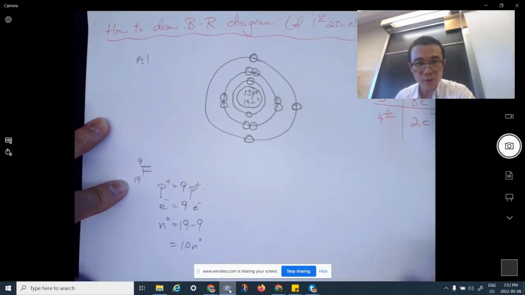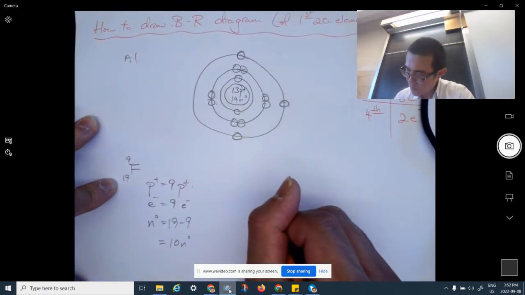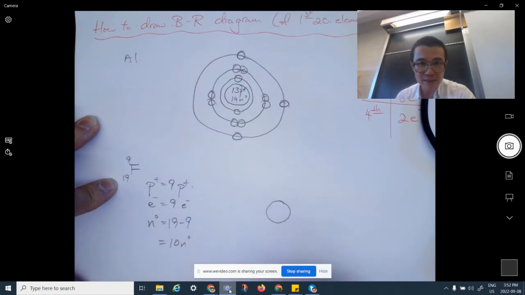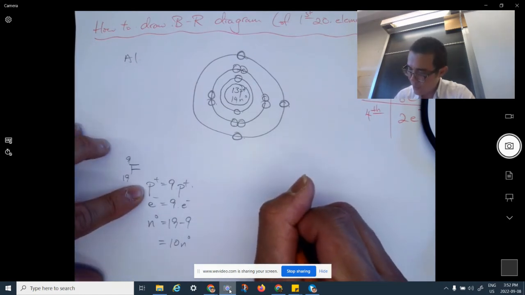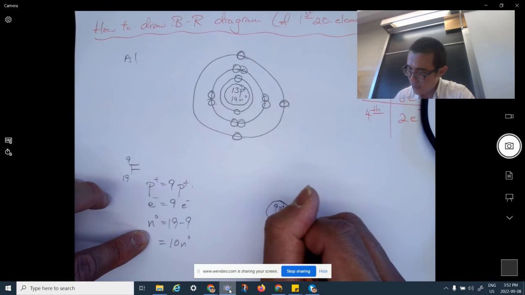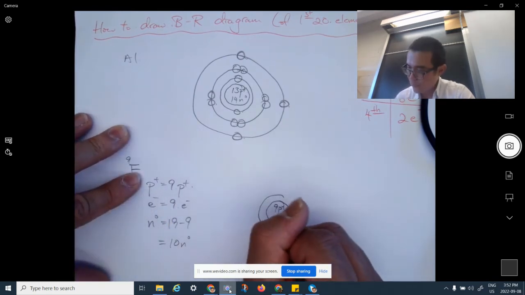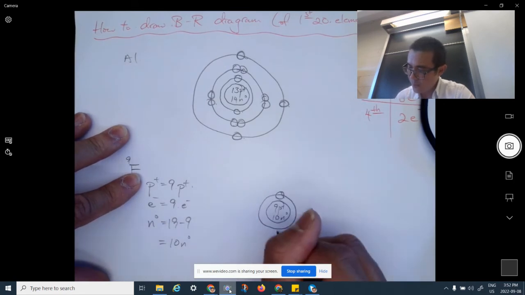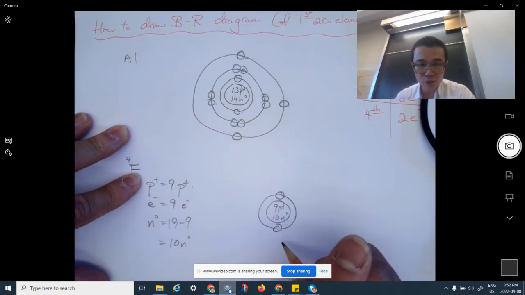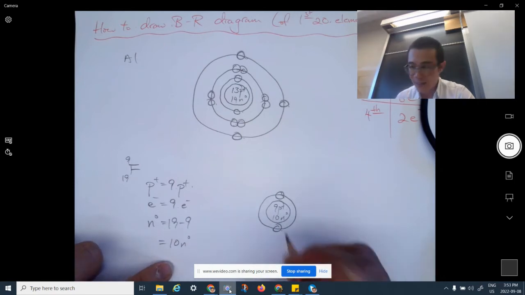Now we're going to draw the Bohr-Rutherford diagram. First of all, this is the nucleus, so you have 9 protons and 10 neutrons. You have 9 electrons to put away. In the first shell, you have 1 and 2, so I've put away 2 and have 7 more electrons left.